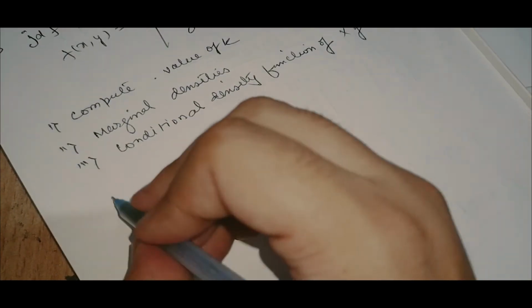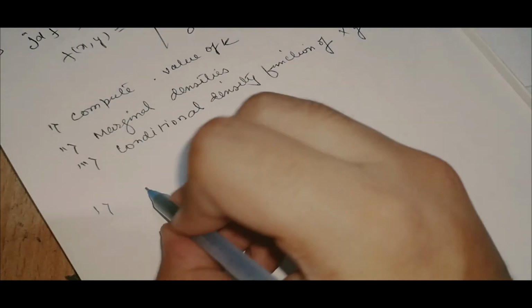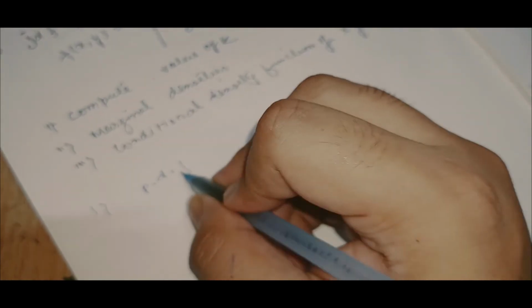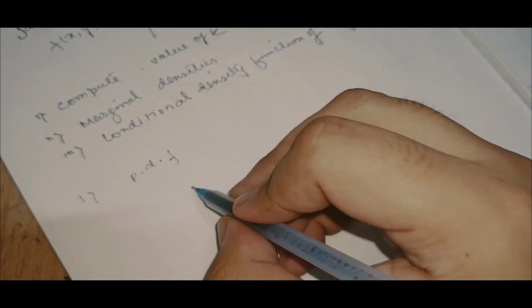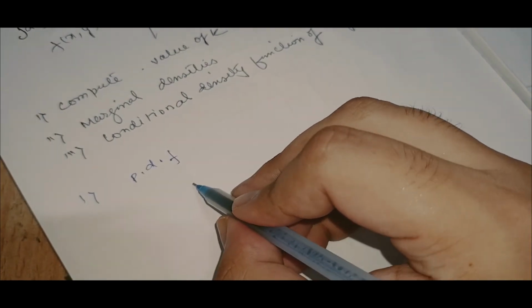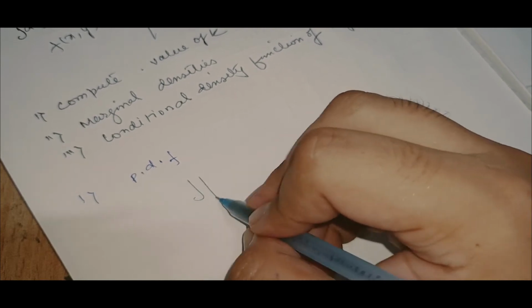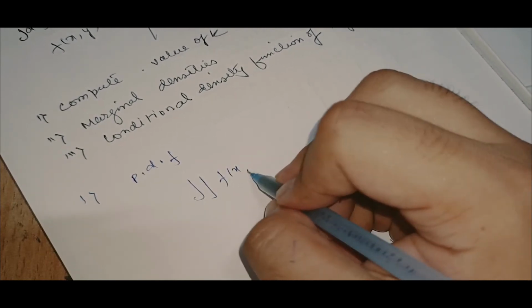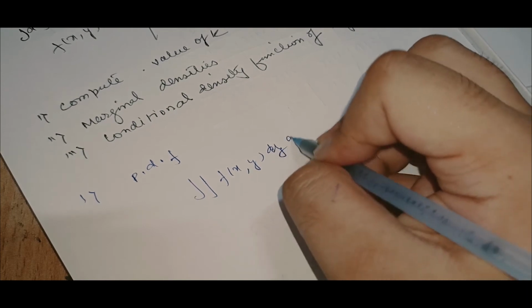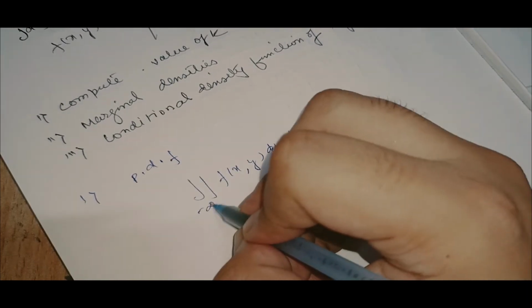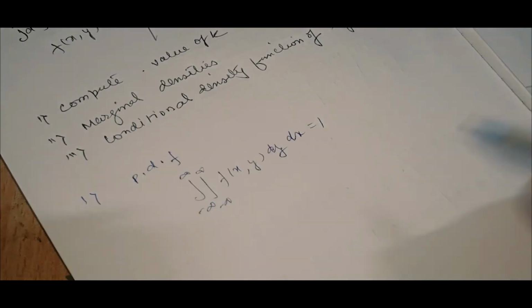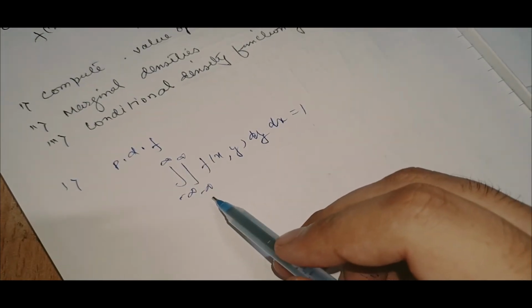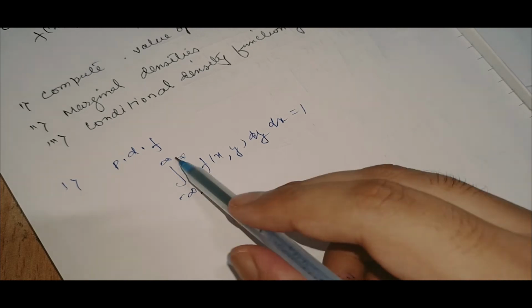So for a PDF, we know the basic property of a PDF, that is the integration of f(x,y) dy dx is equal to 1, from minus infinity to plus infinity, right? So here the limit is not from minus infinity to plus infinity.